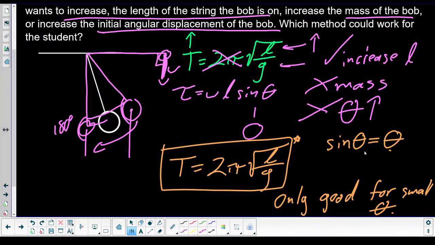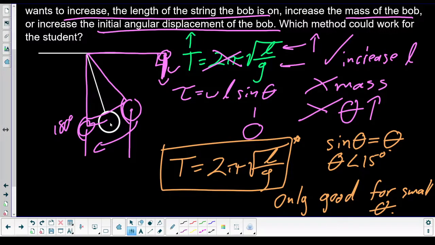And this is almost true when theta is less than about 15 degrees. I think that's where most university teachers say, you know what, after that it's not quite the same problem anymore. So this is only really good if we don't pull this too far to the side.